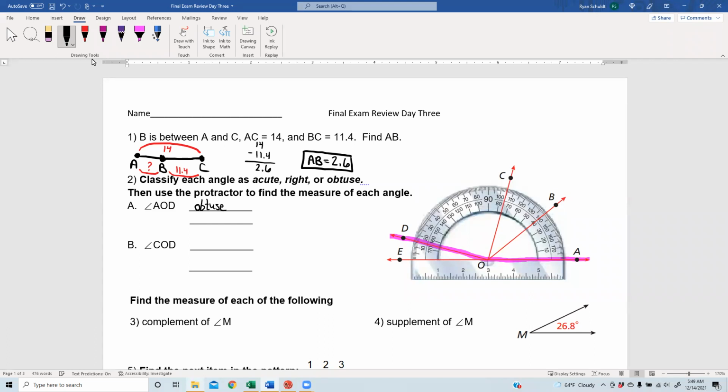So then we have to look at what's going on. Well, on the inside, it looks like it's crossing at about 165. The outside, it looks like it's crossing at about 15. So which one do I pick? We said it was obtuse, so you want to go with the 165.